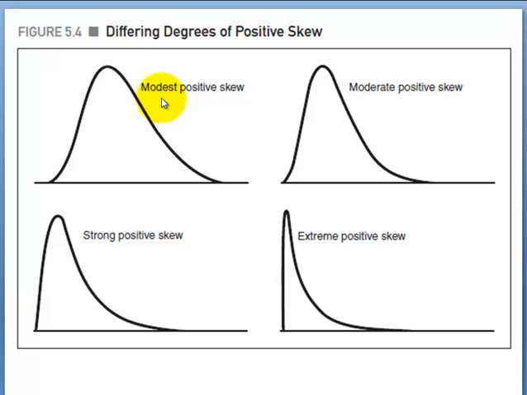I don't know of a point precisely when skew changes from modest to moderate to strong to extreme. So this is to give you a general idea of a look at distributions with differing positive skew. But you can see that the modestly positive skewed distribution has a shape that departs only modestly from normal.